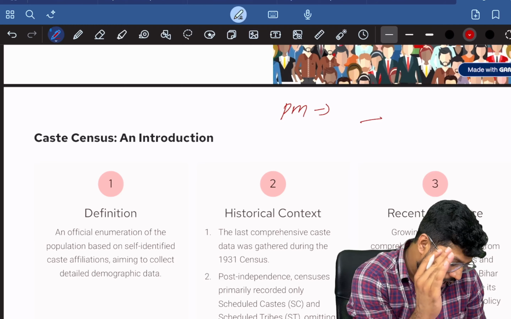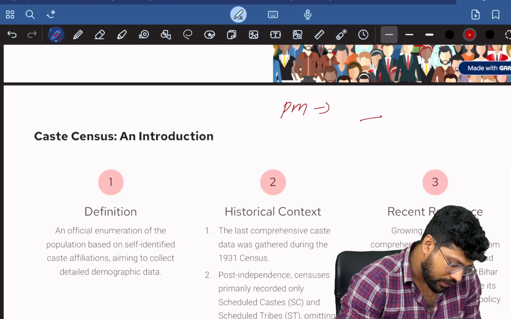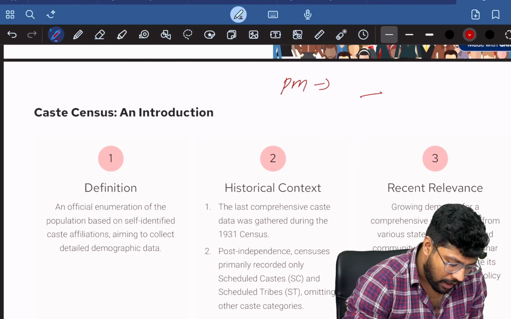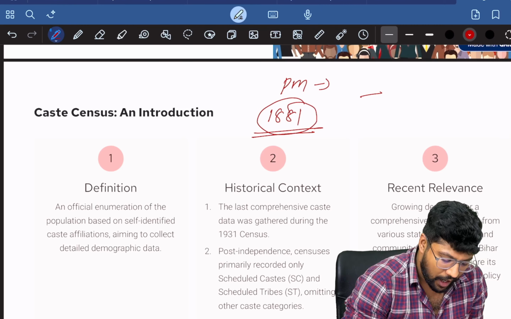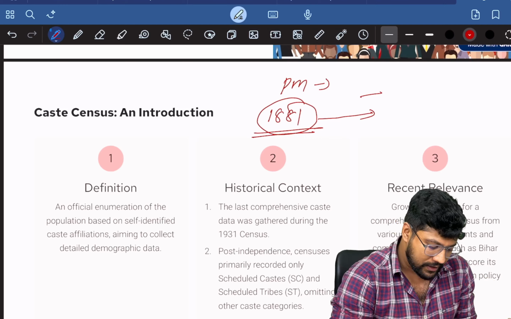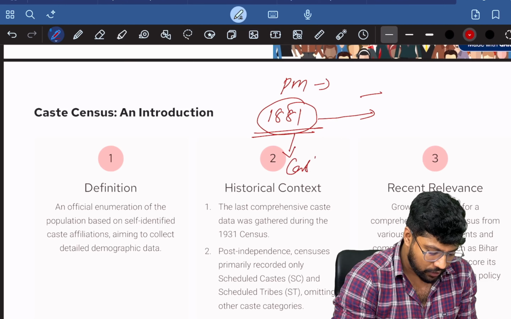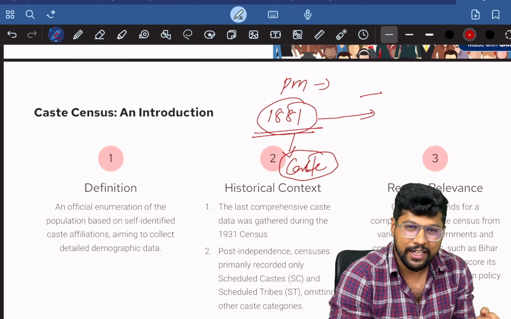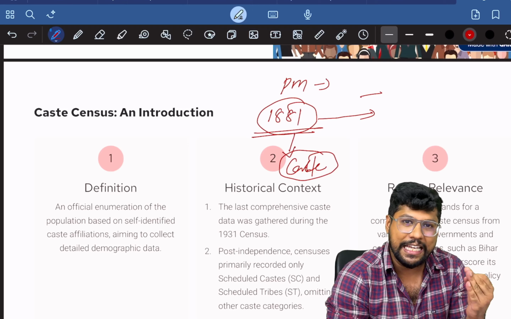When we look at the historical background of the census or the caste census, in India we started the census in 1881. From 1881 we started census activity, and the Britishers, along with the census, used to collect caste data also. So we used to conduct the caste census along with the decennial census.